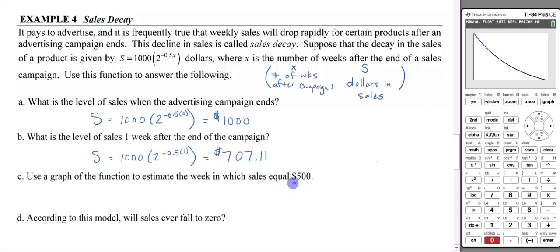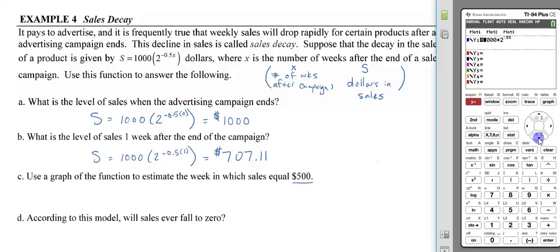And where is it that we have sales equal to $500? The number 500 that they're giving you is an S, or the y. So what we can do is put another function in where y equals 500, meaning that the sales in dollars is 500.